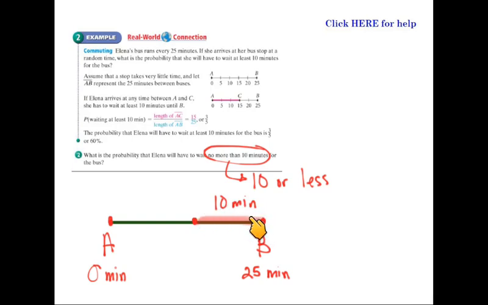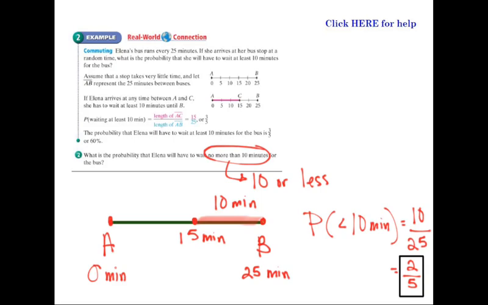So 10 minutes are okay. Anything in there, she's going to wait less than 10. And then that brings us down to 15 minutes. But it's really a length, right? So it becomes 10 minutes. That's this length in here that works over the whole length, and the whole length is 25. So we get 2/5 again.